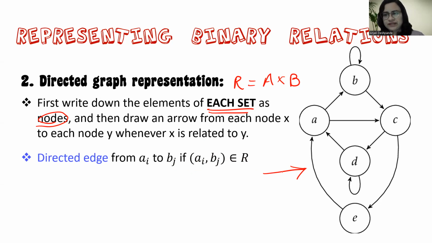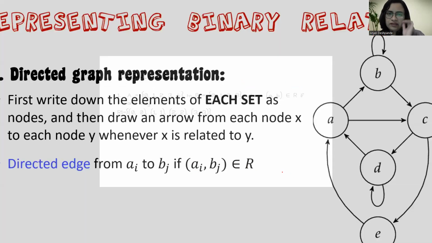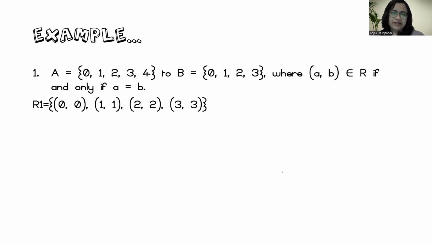So let's understand with the help of an example how to represent a given relation using digraph. The same example as the previous one we are taking. Here A corresponds to 0, 1, 2, 3, 4 and B also corresponds to 0, 1, 2, 3. So even if the values are same, but the elements are different because they belong to different sets.